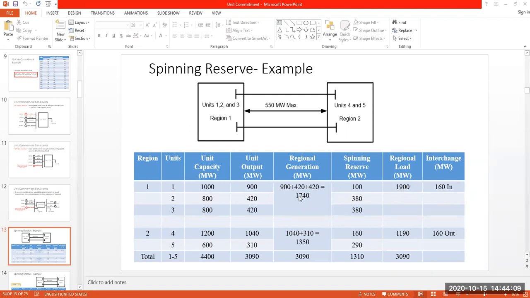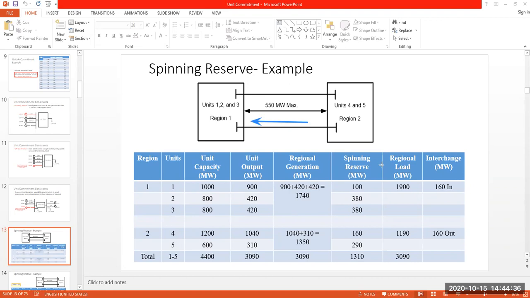So that means I'm not generating enough power, so I need some power from somewhere else. Because we only have 2 regions, the only source of power should be region number 2. So the power is interchanged from area 2 to area 1.